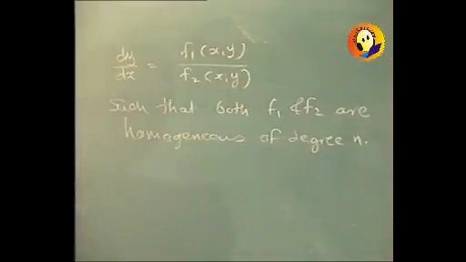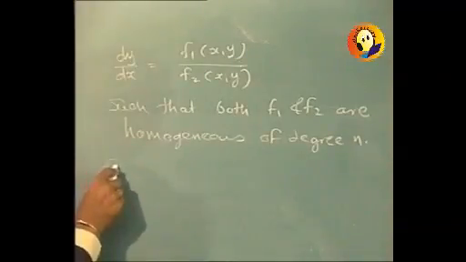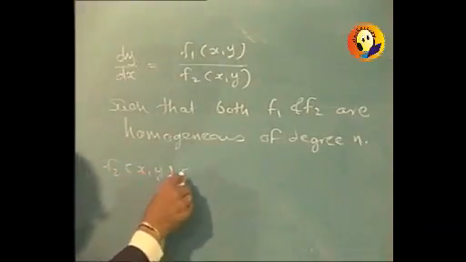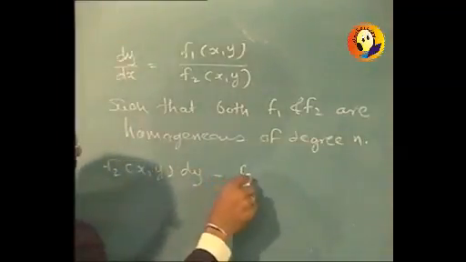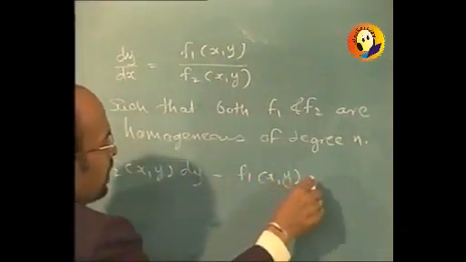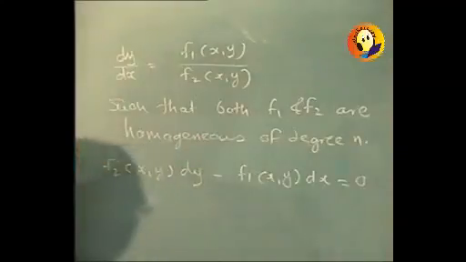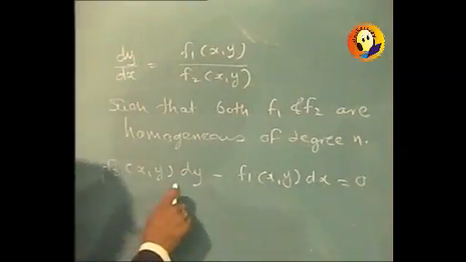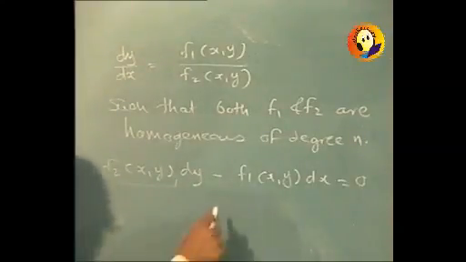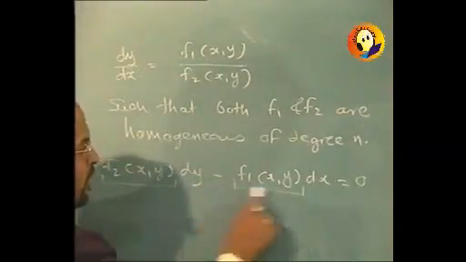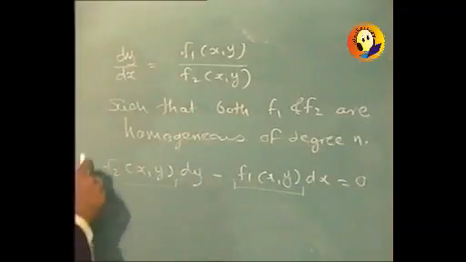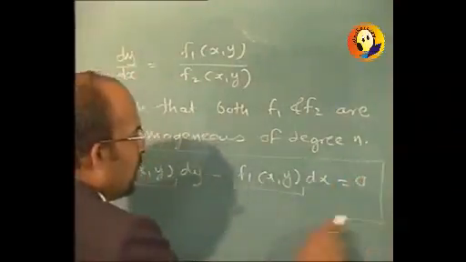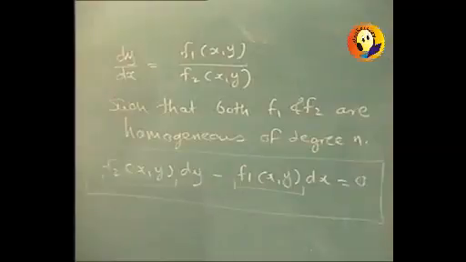Now this is obvious that both of them should have the same degree, because the given differential equation can be written in the form f2 of x comma y dy minus f1 of x comma y dx is equal to 0. And as we talk of the homogeneity, f2 of x comma y and f1 of x comma y form the part of the equation, and as the overall equation is homogeneous, their degree must be the same.